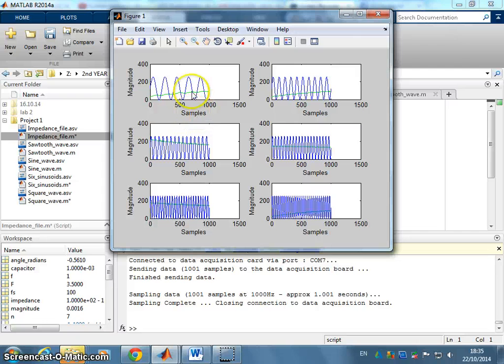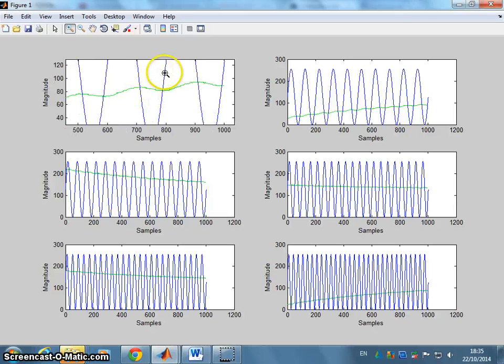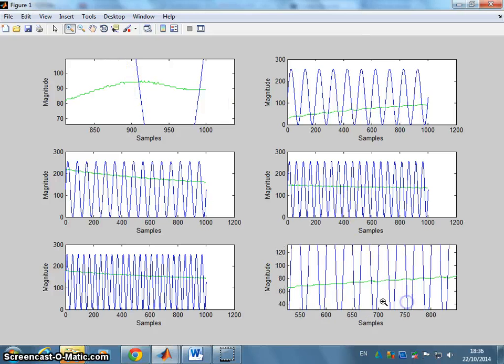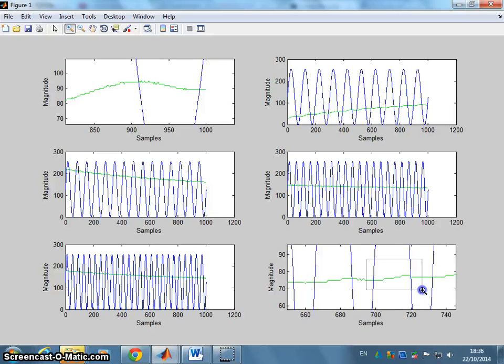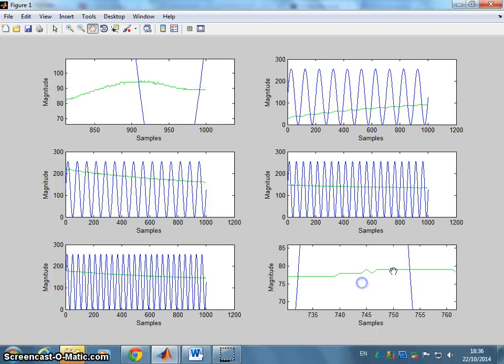There you go. We can zoom in, and we can see that the amplitude of this sine wave is in fact much bigger than the amplitude of this sine wave, which is not in the shape it's supposed to be, but that's due to the sampling frequency. That is my prediction anyway.